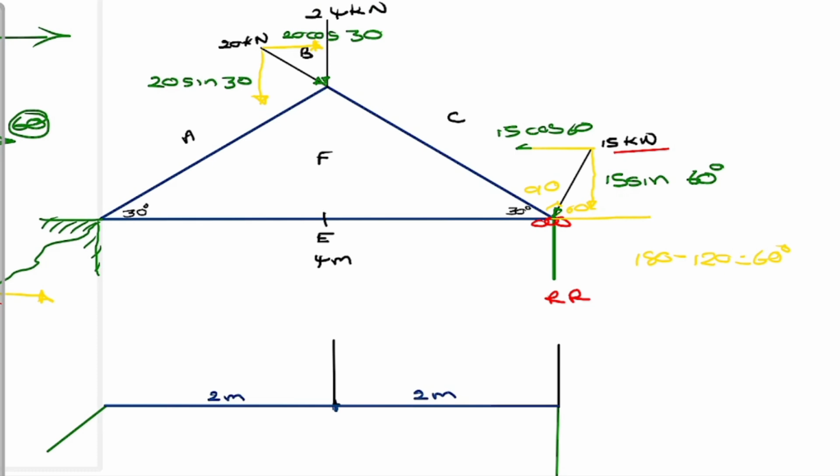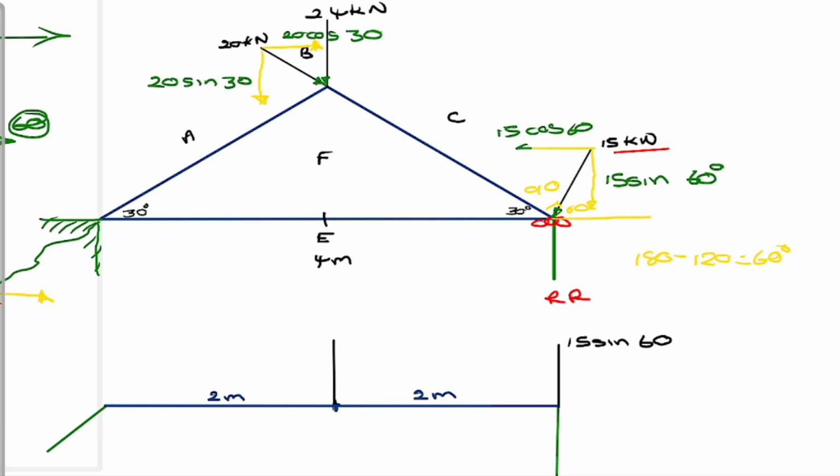So what is this going to be? This is the vertical component of the 15 kilonewtons. How do we name it? We will say 15 sine 60. That's the vertical component.